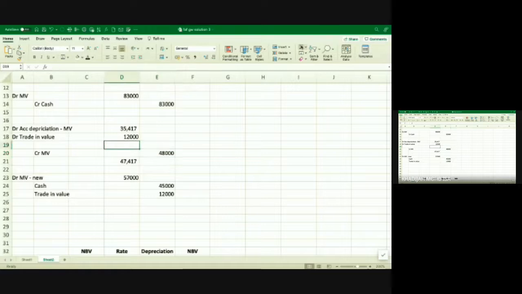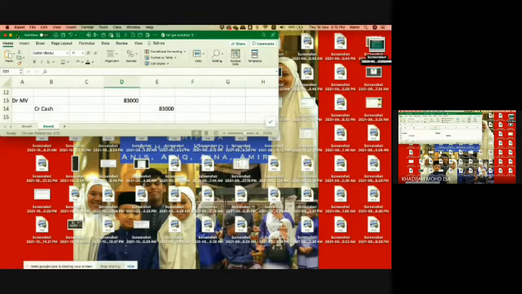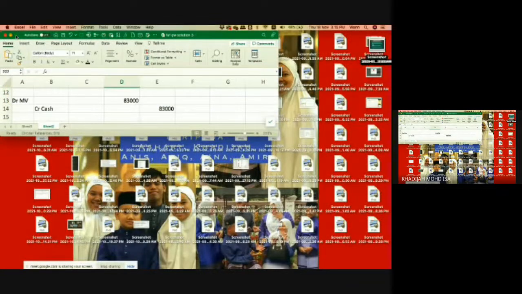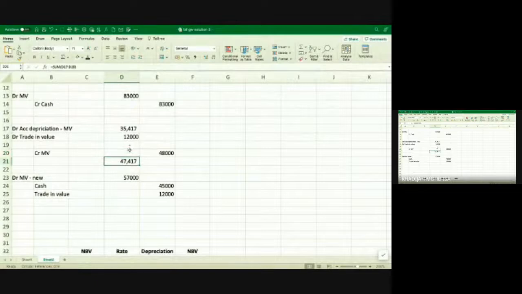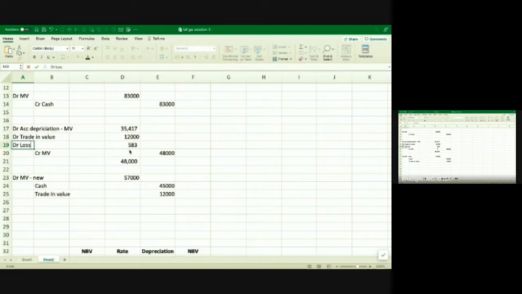It means that I have to record plus of this 48,000 minus the debit side. So what's the difference here? I would have 48,000 minus 47,417. Is that a loss of 583? Right, I would say debit loss on disposal.